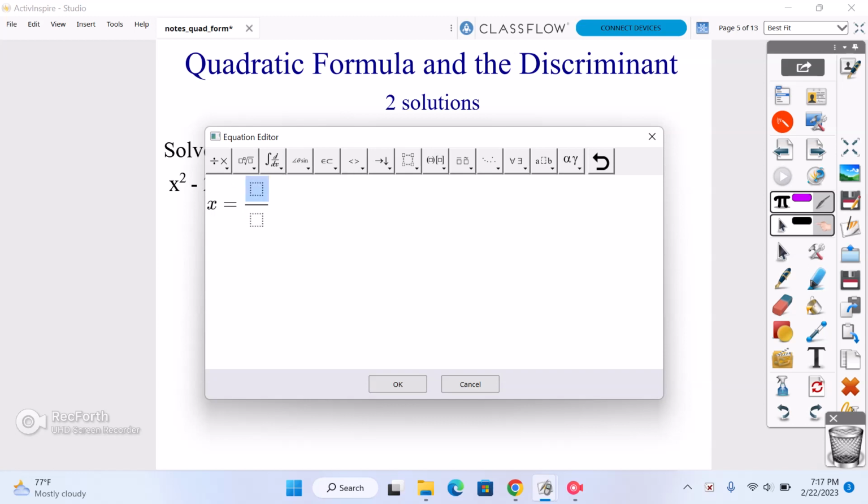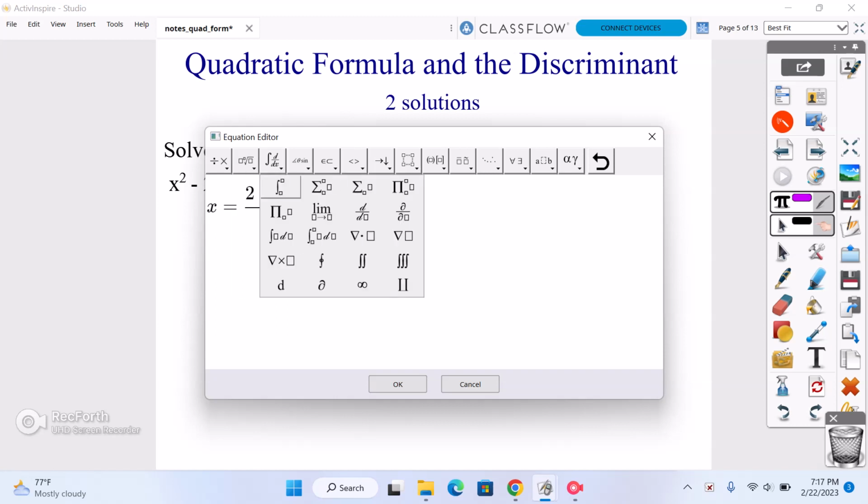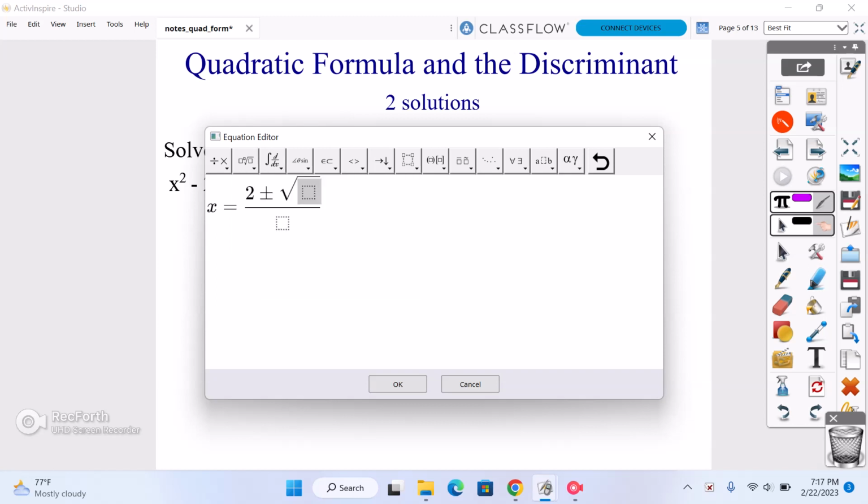So we have negative b, or positive 2, plus or minus the square root of b squared, or negative 2 squared, minus 4 times a times c, which was negative 24, all divided by 2 times a, which is 1.